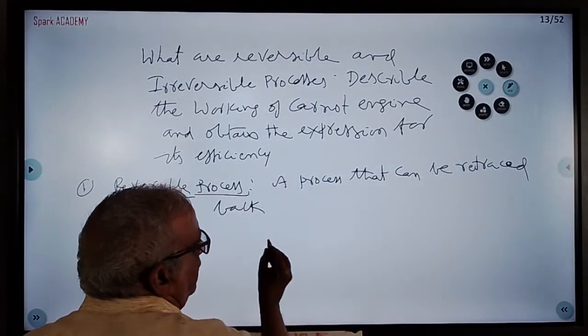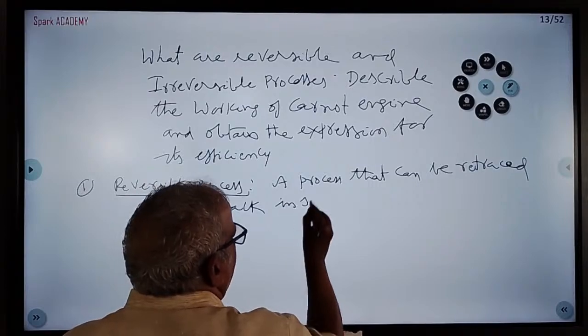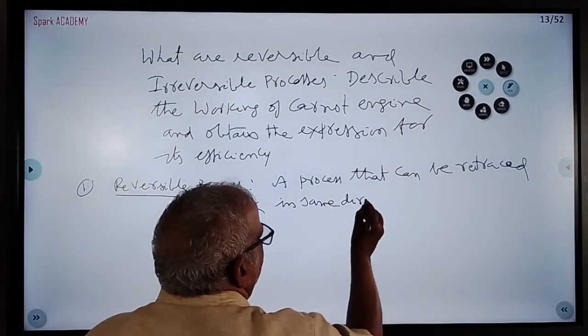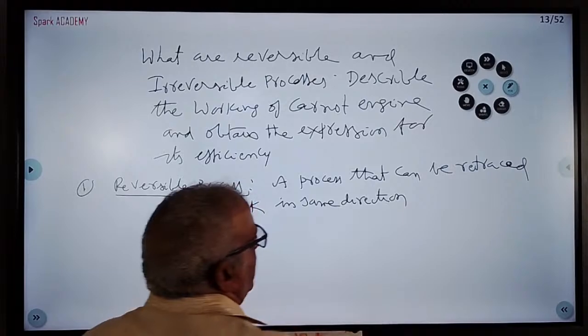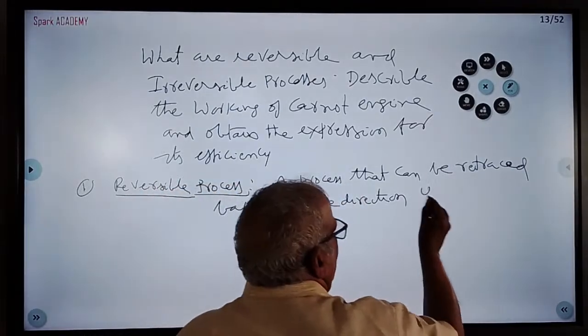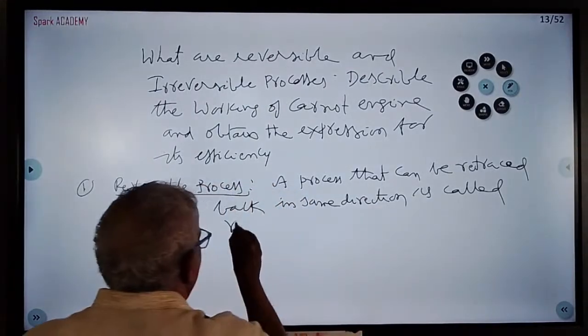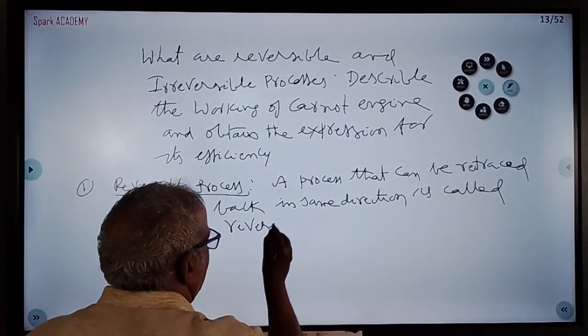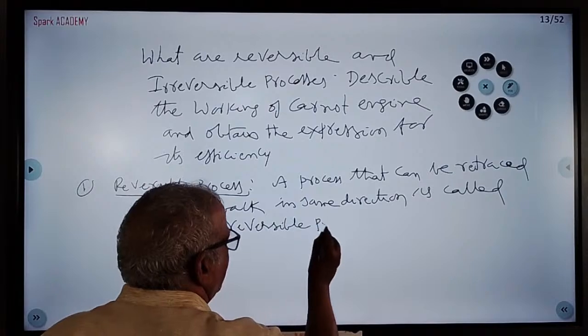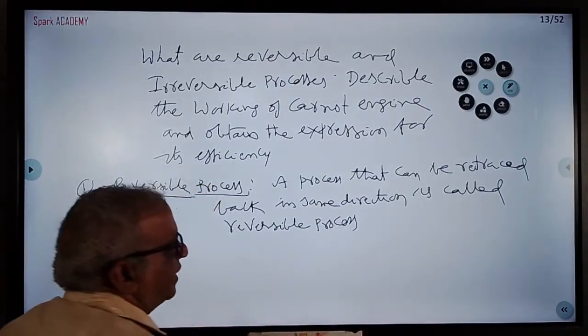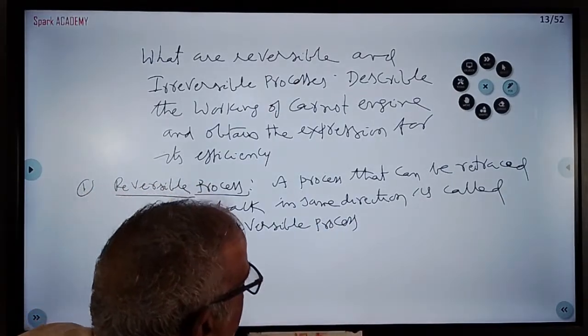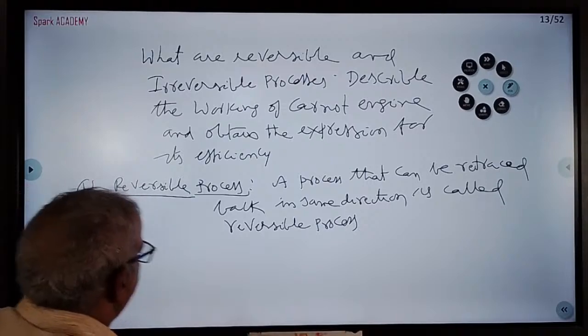A process that can be retraced back in the same direction is called a reversible process.